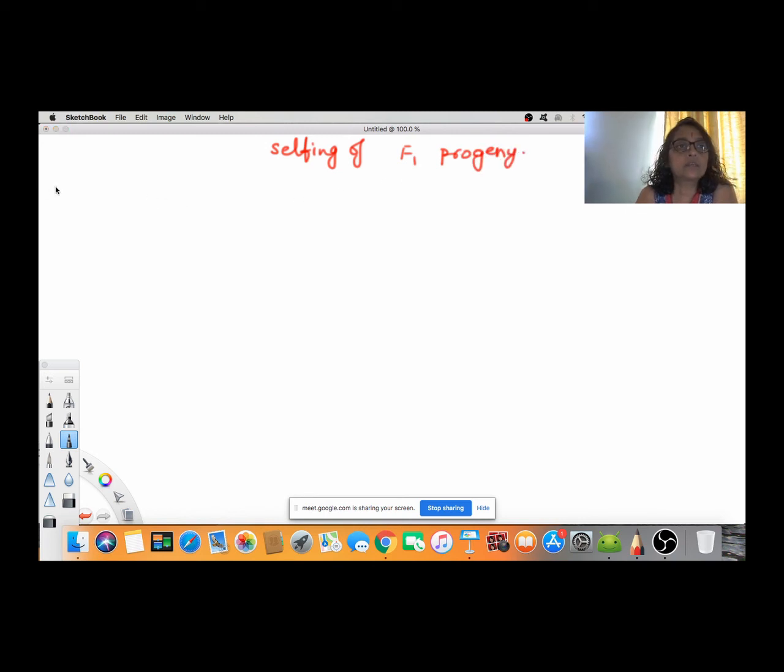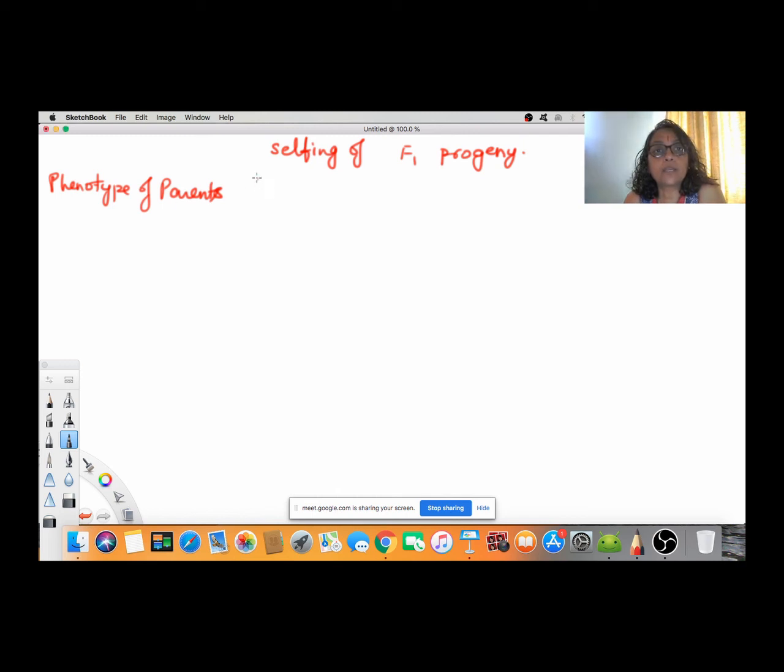That means first we write phenotype of parents. Since it is selfing, it will be the pollen grain of the same plant on the stigma of the same plant.